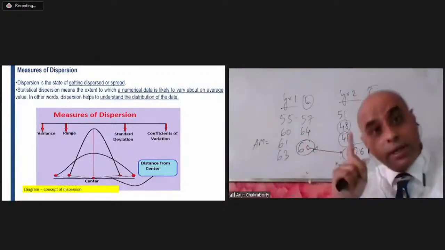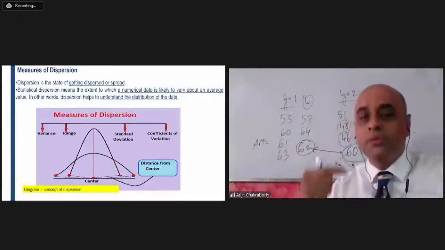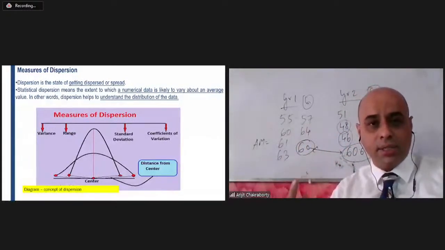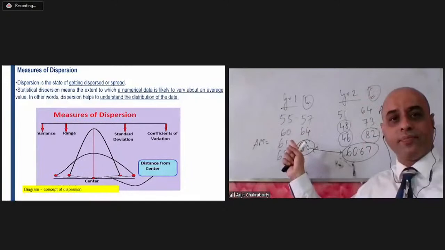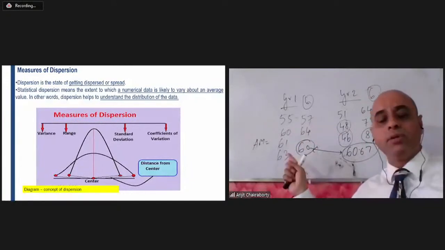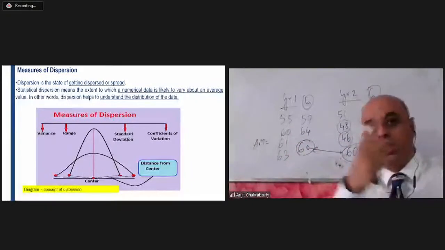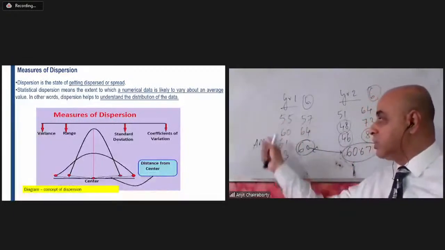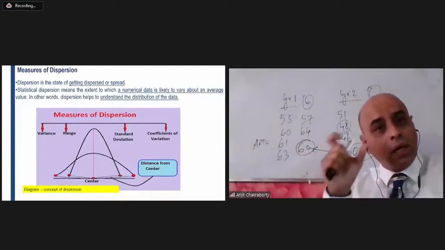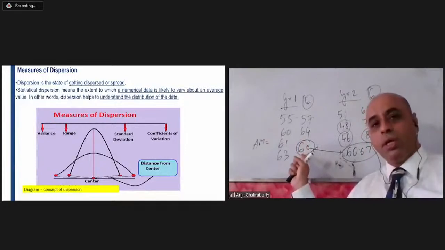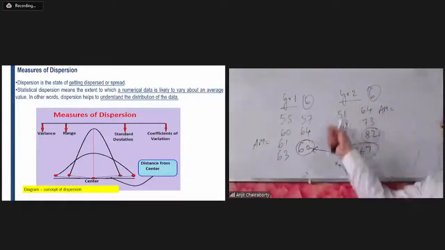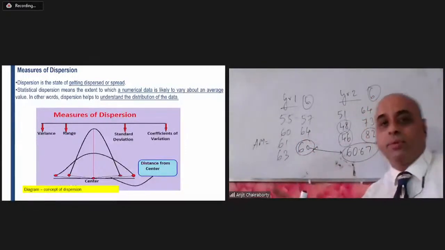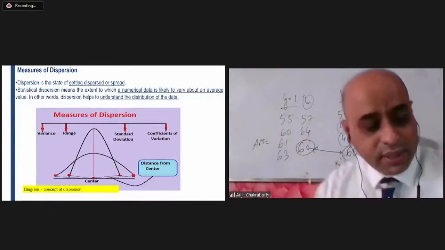But if I talk about the general condition of the class, then group 1 is better. Why am I saying group 1 is better in terms of the full class? Because the students' marks are more or less close to the average. But here, the marks of the students are scattered away from the average. I hope it is clear.